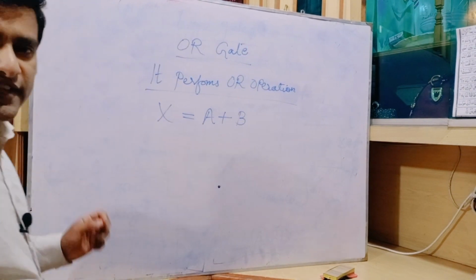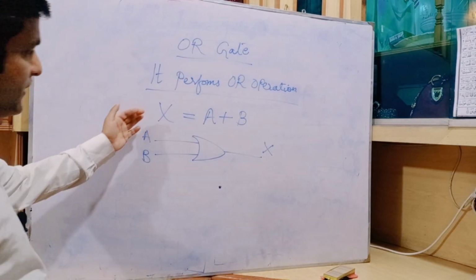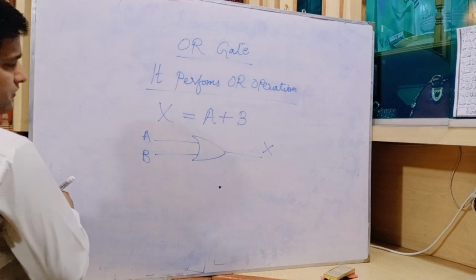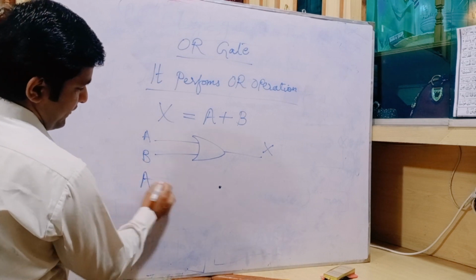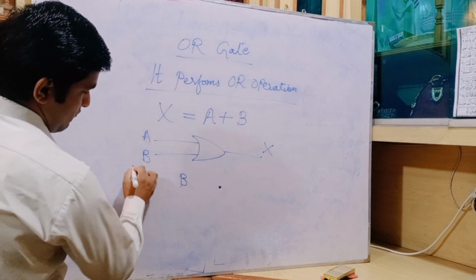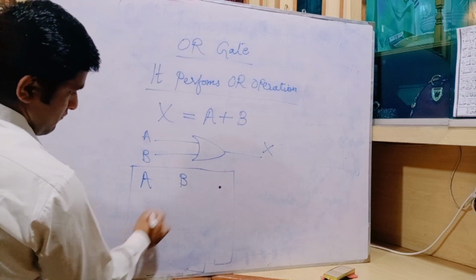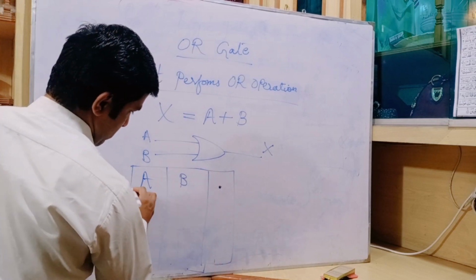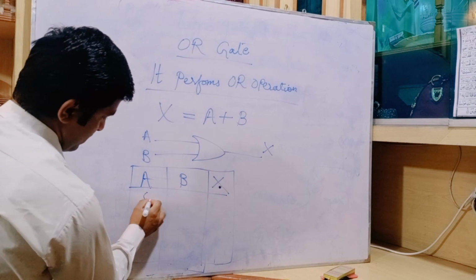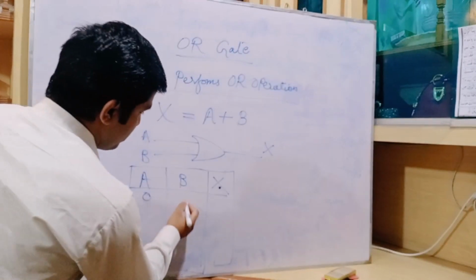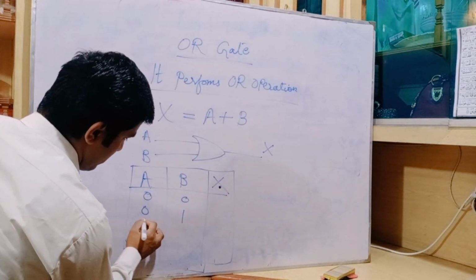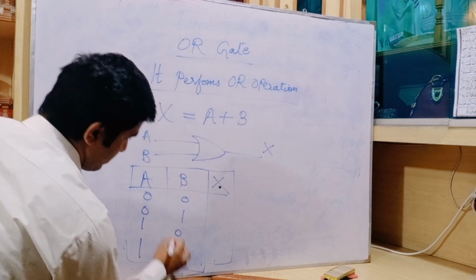Addition of the inputs. Here are the mathematical representation, the symbol, and the truth table. What are the possible inputs? 0 0, 0 1, 1 0, 1 1.